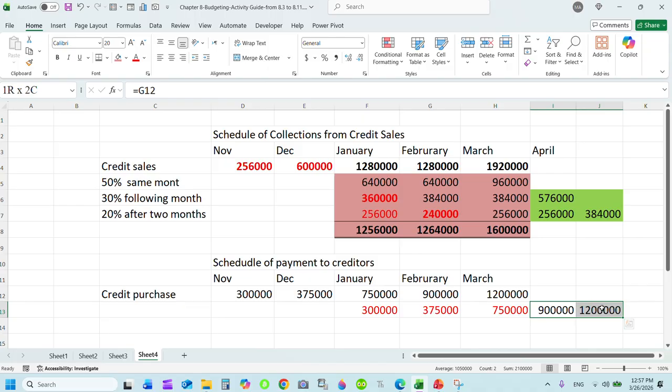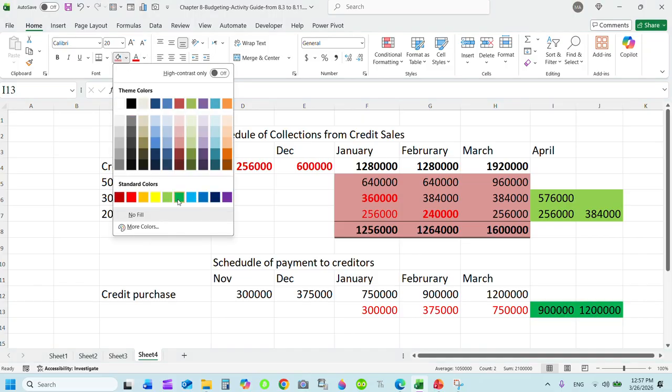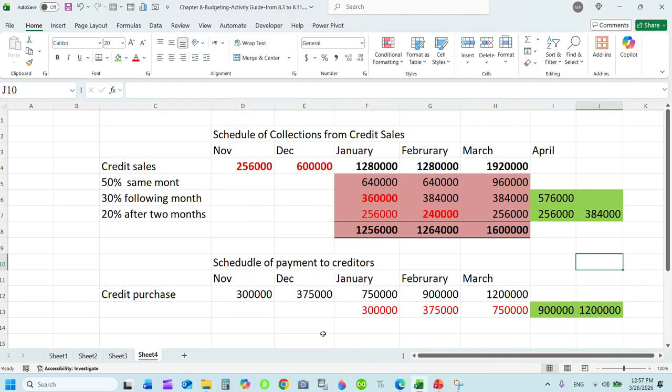The balance should come on the balance sheet. It is not relevant right now. And this is our payment to creditors. Payment to creditors accordingly 300, 375, 75 and 750.